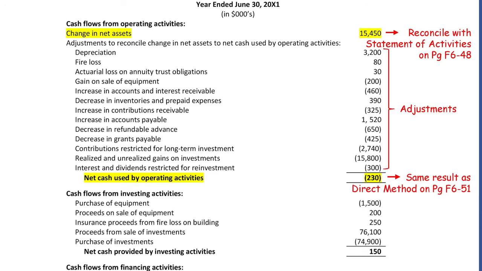So if you look at a previous page, you realize the net cash used by operating activities is again negative 230. So whether you use the direct method or the indirect method to present the cash flows from operating activities, the result, the net cash provided by or used by operating activities, that's going to remain the same.